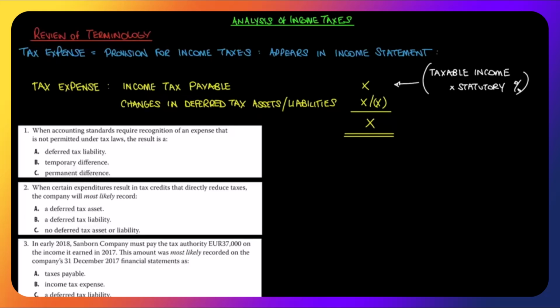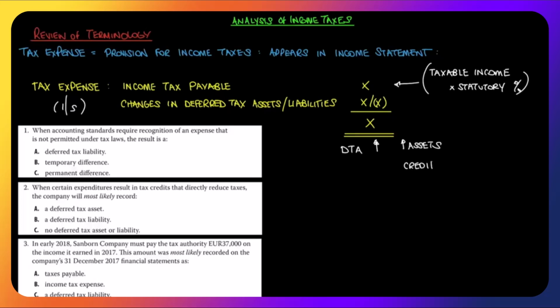But to get to tax expense in the income statement, we will adjust income tax payable for our changes in deferred tax assets and liabilities. For example, if you had a deferred tax asset and it increased over the year, that increases assets, which is a good thing, a debit if you're into debits and credits, and will lead to a credit in the income statement.